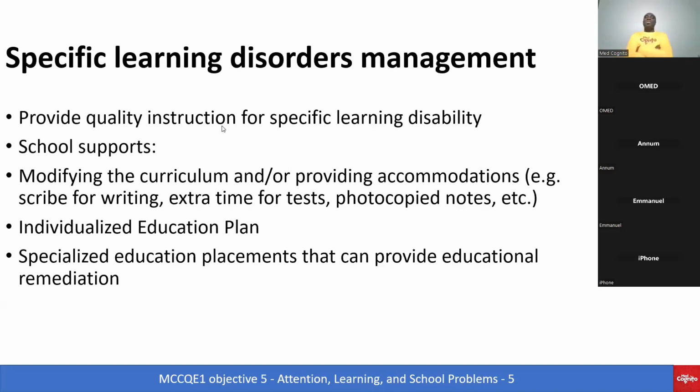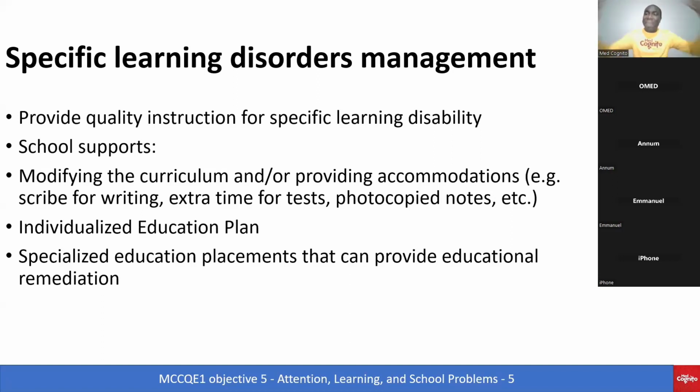For specific learning disorders, you want to provide quality instruction. You also want to get them school support, like modifying the curriculum, providing accommodations like a scribe for writing, extra time for tests, and photocopied notes, so that they can focus and get things done.